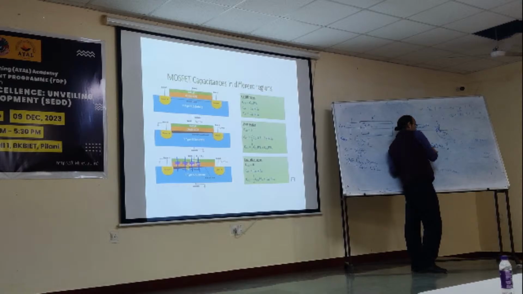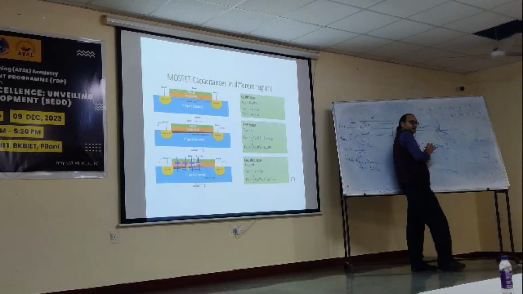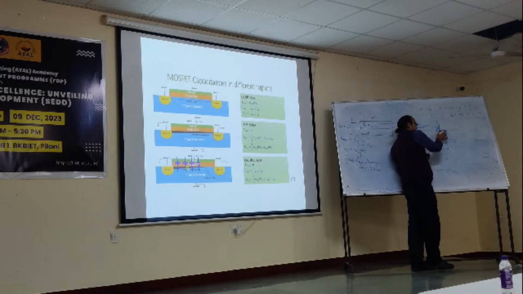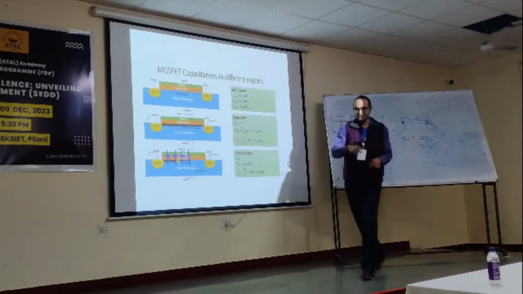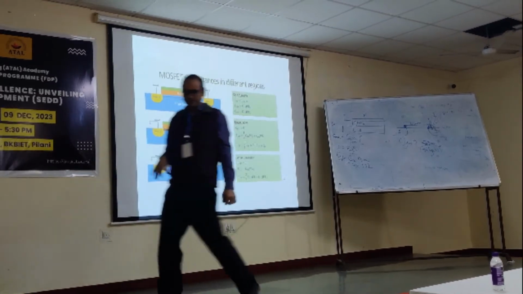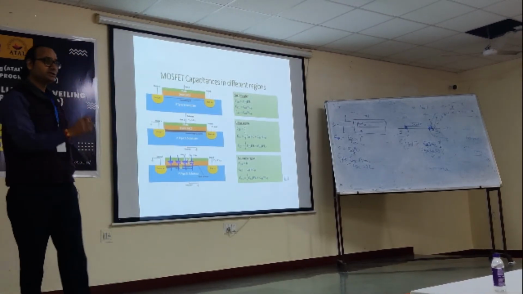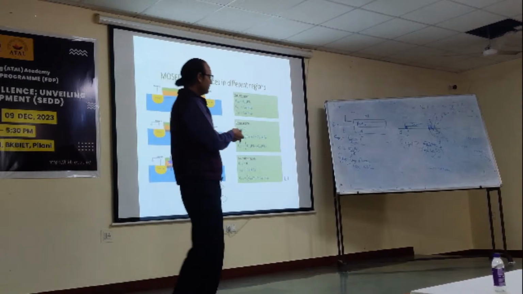So what is the capacitance per unit area? COX. But what is the area? This LD multiplied by W. LD is the overlap, also called the diffusion length.